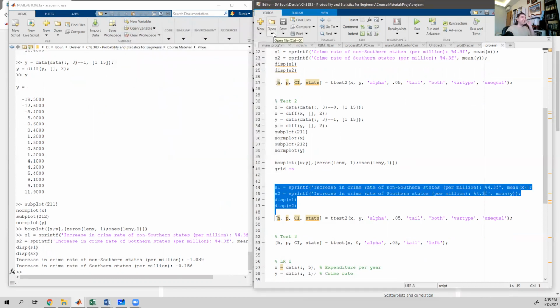Therefore, the crime rate has decreased by 1.04 units, incidents per 1 million people, as far as I can remember. And in Southern states, crime rates have decreased by 0.16 incidents per people.